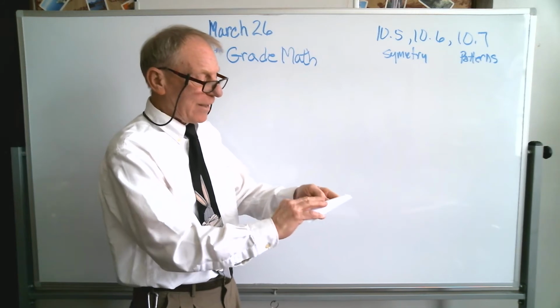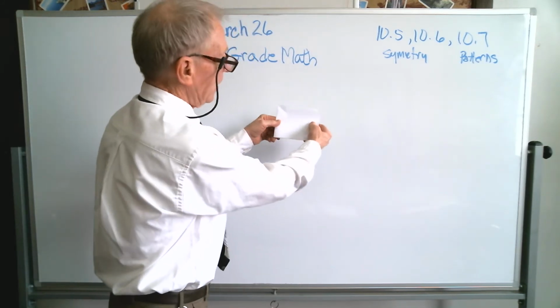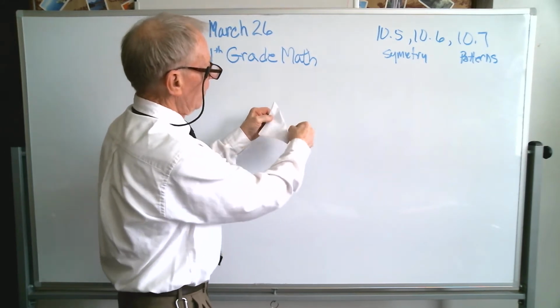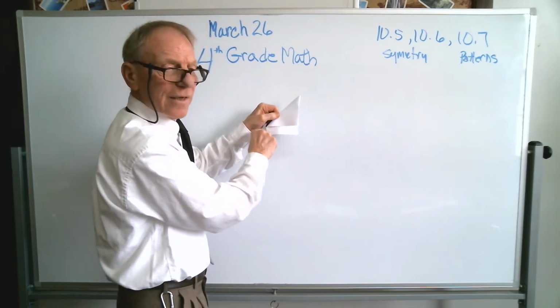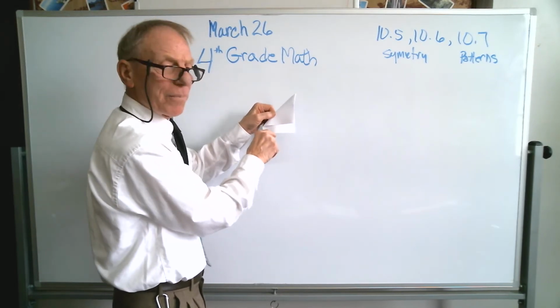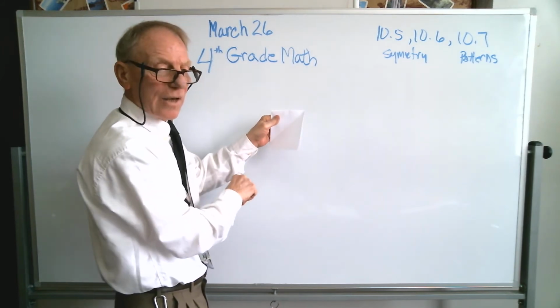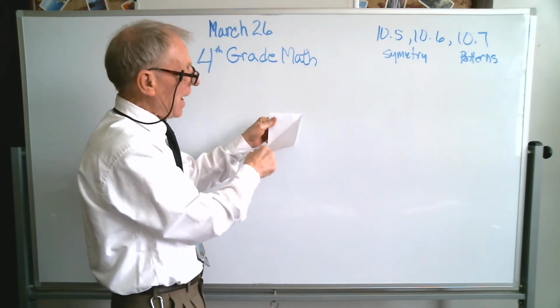Now, if I folded it like this, if I took this shape and folded it across like this, you can see they don't match up perfectly. So this would not be a line of symmetry, and this would not be symmetric on the diagonal.